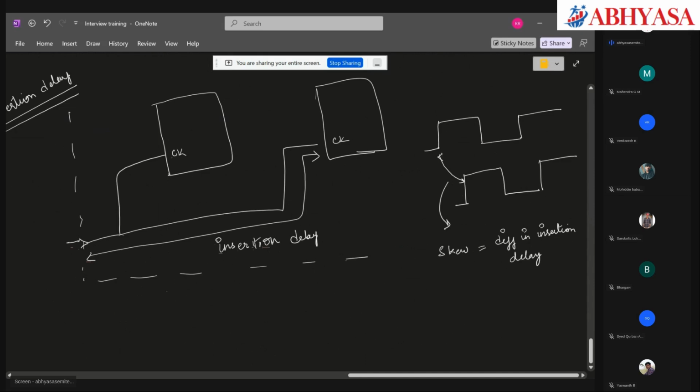Difference in insertion delay is the skew. Now we know that if there is positive skew, what is positive skew?